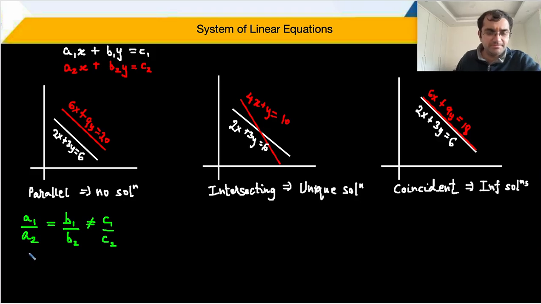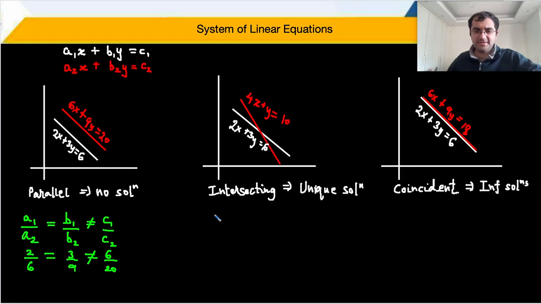We can check. 2 upon 6 is equal to 3 upon 9. You can see both of these are 1 by 3, right? 2 upon 6 is 1 by 3, 3 upon 9 is 1 by 3, but it's not equal to 6 upon 20. 6 upon 20 is not 1 by 3. Okay?